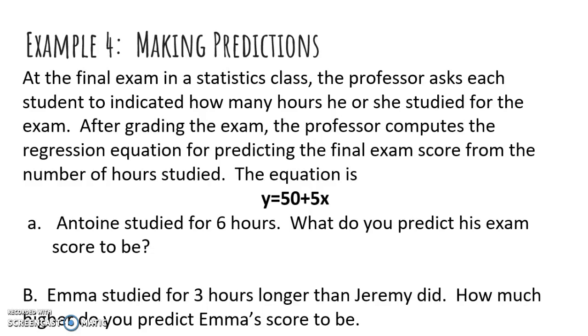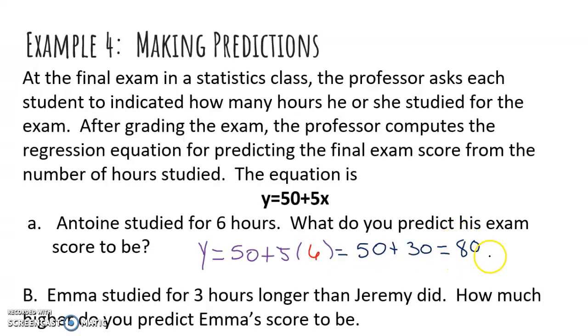The equation is y equals 50 plus 5x, where x is the number of hours studied and y is the score on the final exam. Antoine studied for 6 hours. What do you predict his exam score to be? So pause the video and see if you can determine what that is. Okay, hopefully you did that. 50 plus 5 times 6 hours of study will be 50 plus 30, which is a score of 80.